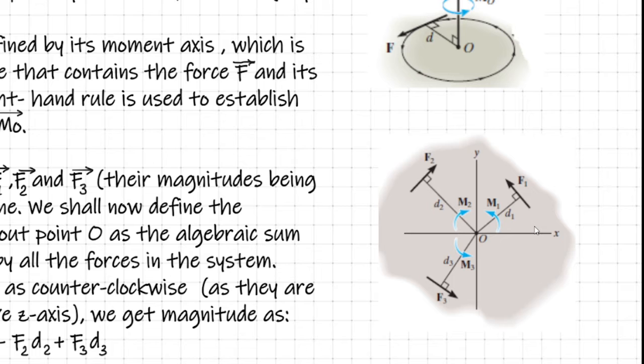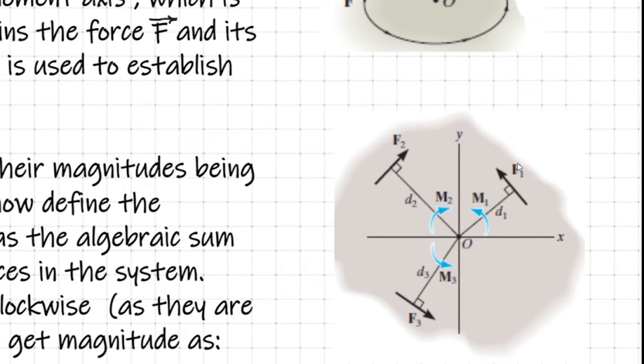So obviously, looking at this sketch, we can say that F1 produces a counterclockwise moment of F1 into D1 about the point O. On the other hand, F2 produces a clockwise moment as marked here, M2 is equal to F2 into D2 about the point O. And regarding the force F3, it produces a counterclockwise moment M3, that is equal to F3 into D3.